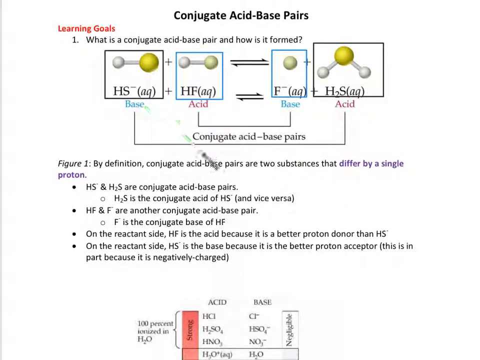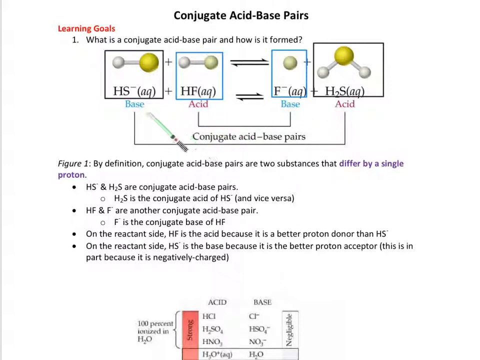We've got HS- and H2S, which are a conjugate acid-base pair because the only difference between them is a single H+. And then we have HF and F-, which are also another conjugate acid-base pair.